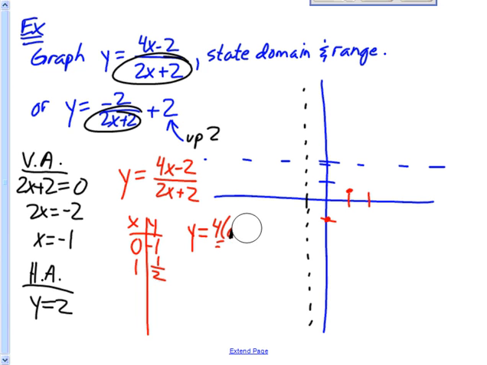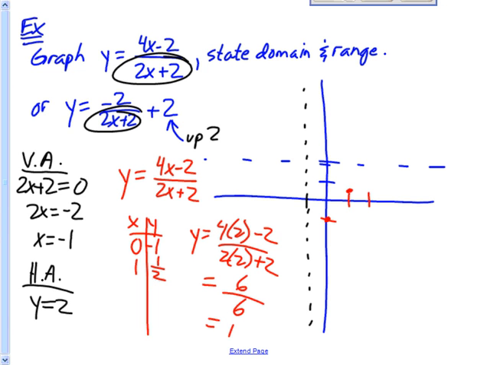So we got 4 times 2 minus 2 over 2 times 2 plus 2. 6 over 6, we got 1. So we plugged in 2 and it spit out 1. Anyways, we could keep going on this, but you probably kind of get the feel for this rational function. It kind of behaves like our 1 over x with the curvature there.